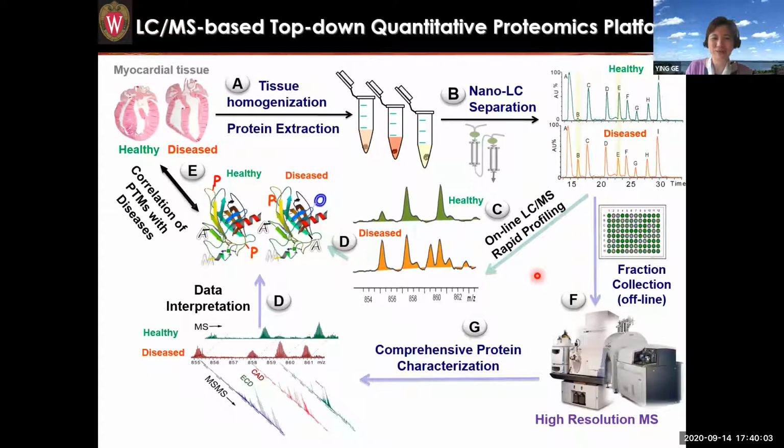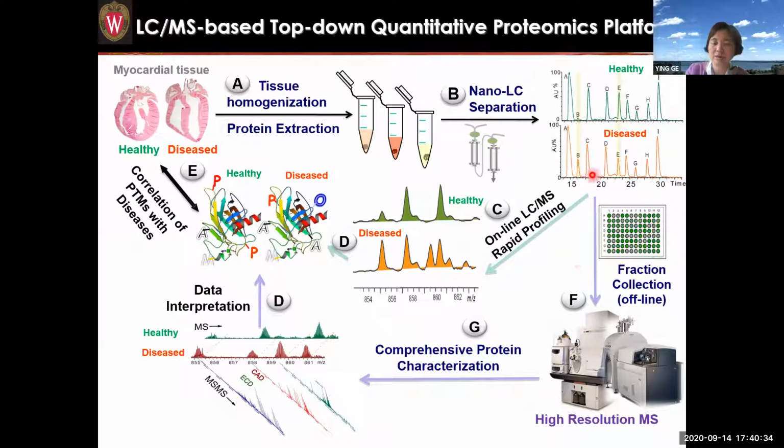Then we started to establish this top-down quantitative proteomics platform. We extract proteins from a minimal amount of cardiac tissue samples, do tissue homogenization, protein extraction, and run LC-MS. With this online LC-MS rapid profiling, we can immediately detect potential alterations in the disease stage in comparison to the healthy stage.